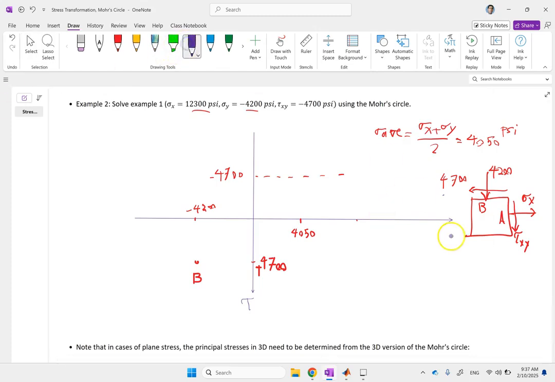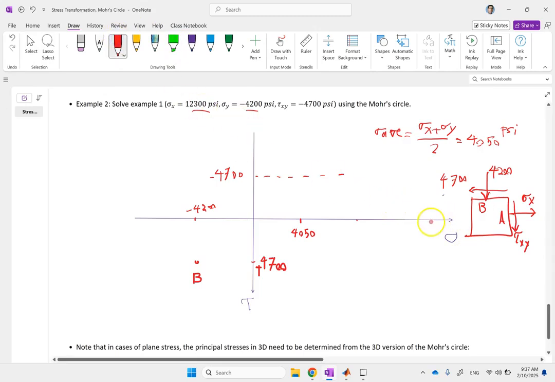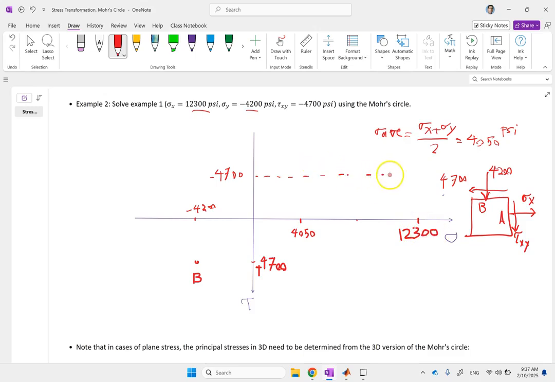So here, that's sigma, and for that 12,000, probably I need to end up somewhere right there. Okay, and so this is going to be point A. There we go. So now I have these 3 points, and now I can fit a big circle to them.